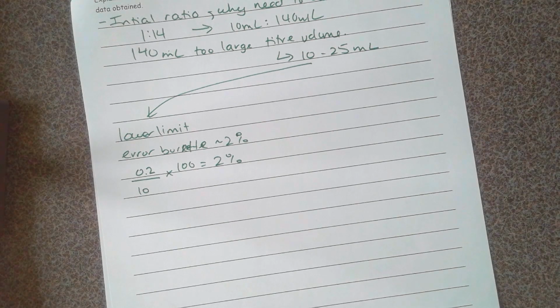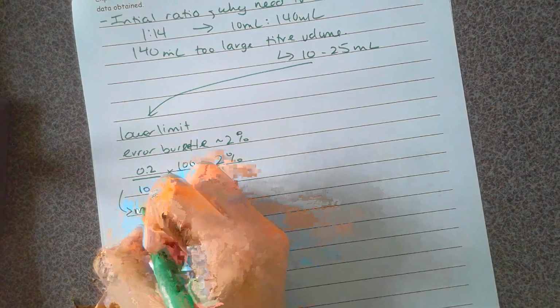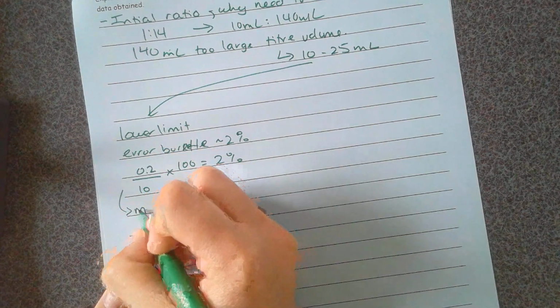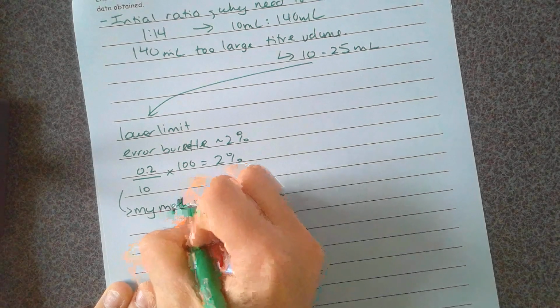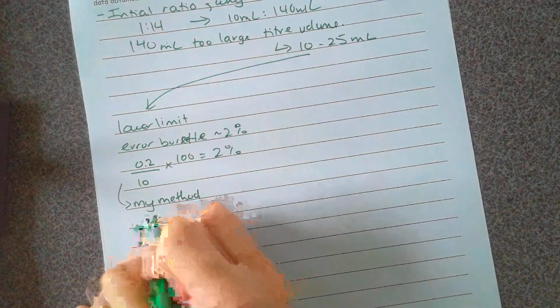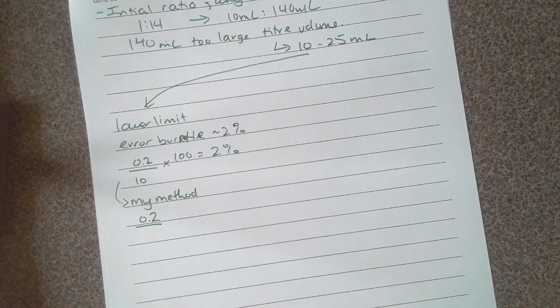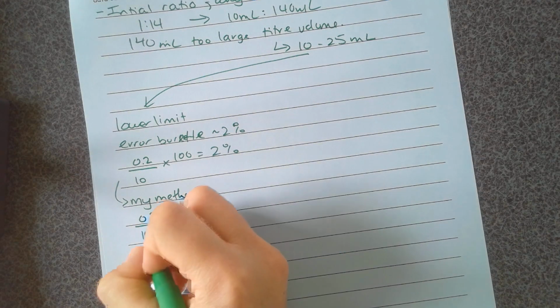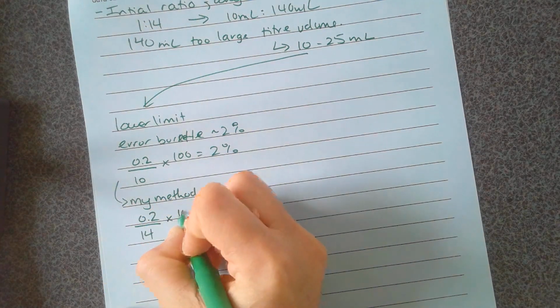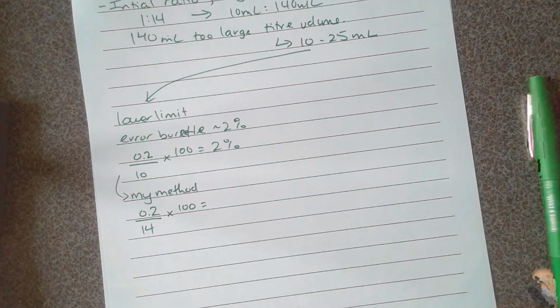So that is what we're thinking. In my example, tie it back to your method. What was our titrate volume going to be? 14, remember? How we did the math in the box? So 14 milliliters is what I would have as my titrate. What's my percent error then?